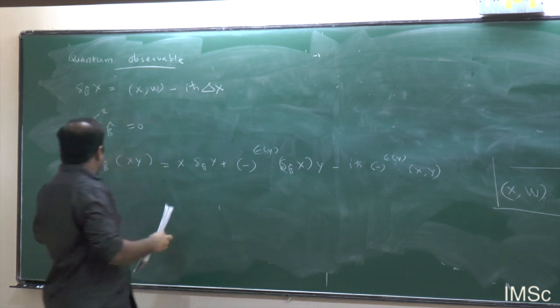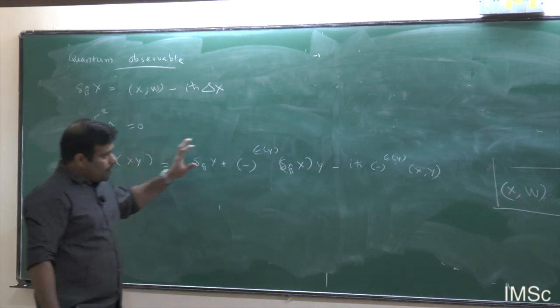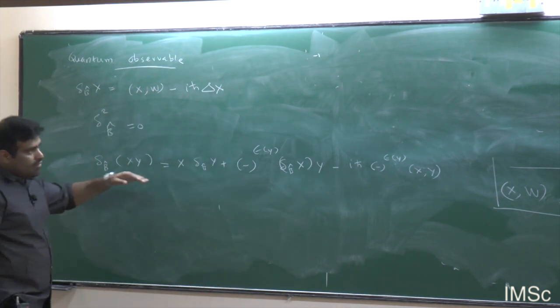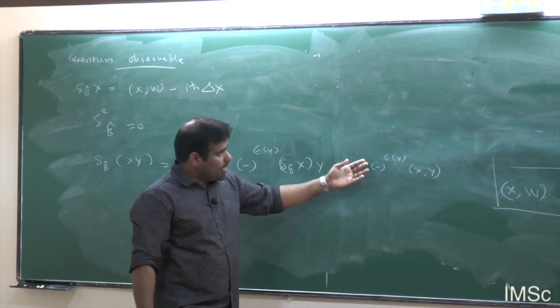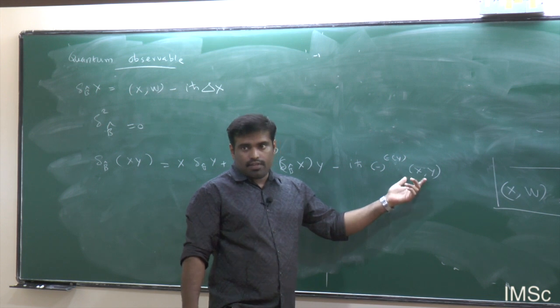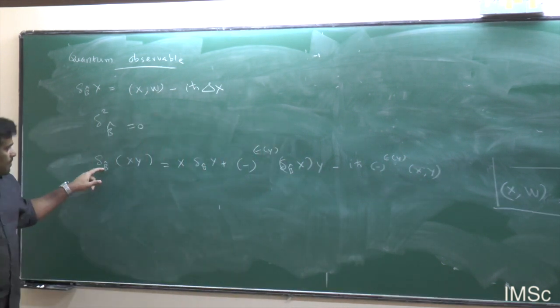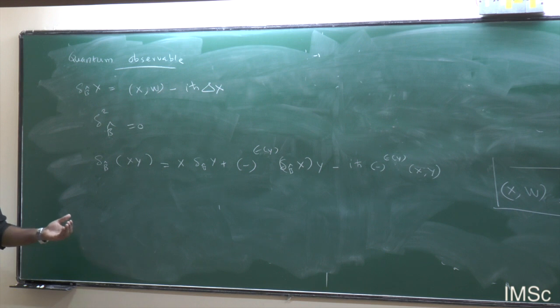So this operator, the quantum BRST operator, is not a graded derivation, and the violation is proportional to ħ and is given by the anti-bracket between x and y. If the anti-bracket between x and y is non-zero, δ_B hat is not a graded derivation. That's equivalent to saying that if you compute all the physical observables and study their algebra, they won't form an algebra.